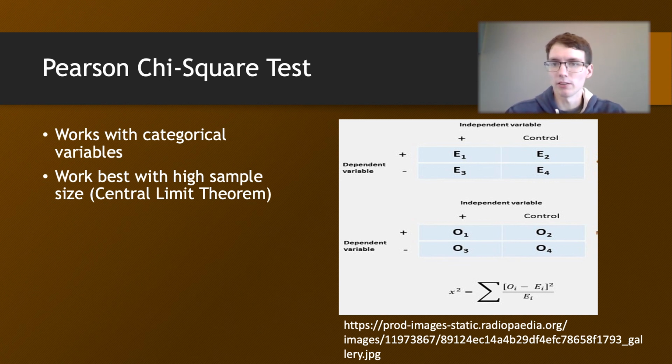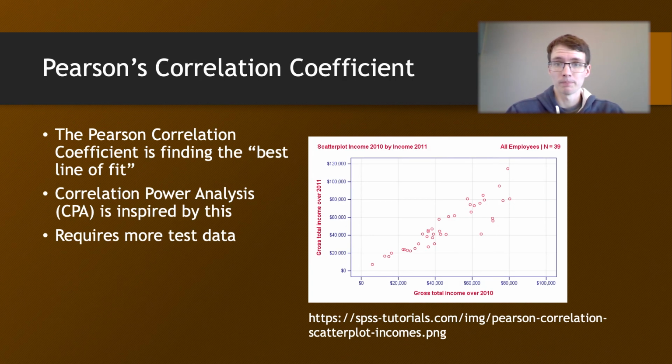What we expect the variables to be is this top table with the E1, E2, E3, and E4. This bottom one, the O1, O2, O3, O4, are observed values. If we get a certain value of our chi-squared, the formula shown at the bottom, which is to find the difference between our expectation and observed, we might find a statistical difference, at least one that is significant enough.